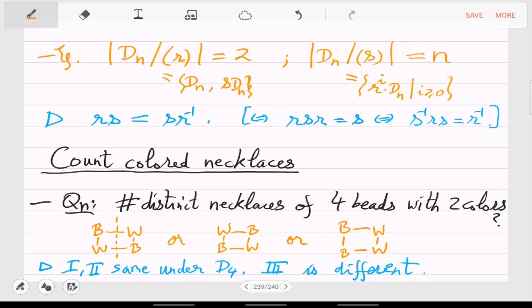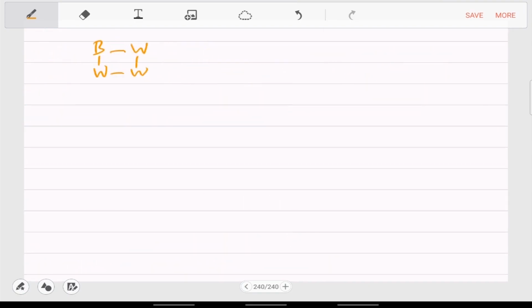Okay, but even under that, you can see that the third one is different, right? That's the full D4 group. Okay, so this is the median axis, so this is the same as this. And so on.